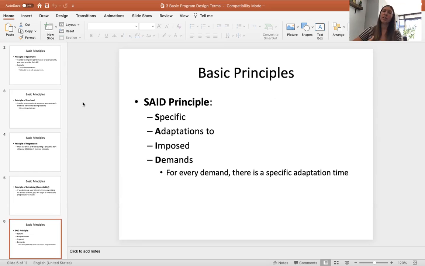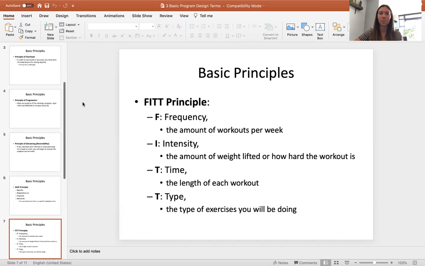So if I'm training for hypertrophy, remember that's muscle growth, as opposed to power, there's going to be a specific adaptation time. There are specific things you need to do for each type of training. There's a specific time you need to do it in and a specific progression you need to do it in, okay? So this is what the SAID principle is, specific adaptations to imposed demands, okay?